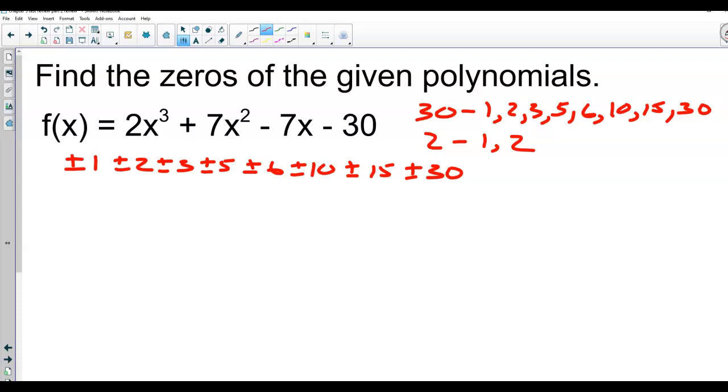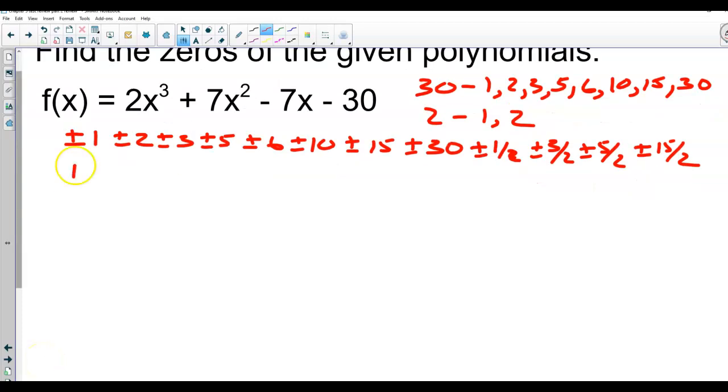Then I put all those numbers over 2. 1/2. 2 over 2 is 1. 3/2. 5 over 2. 6 over 2 is 3. 10 over 2 is 5. 15 over 2, and 30 over 2 is 15. So this is my list of possible solutions.